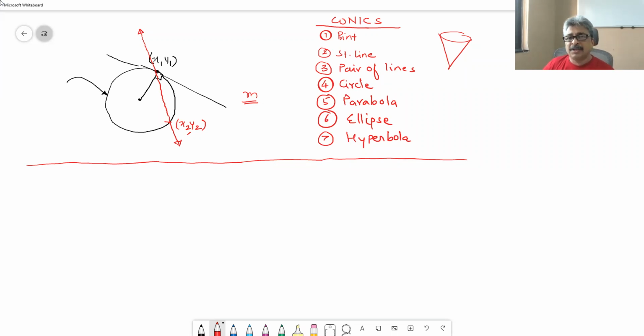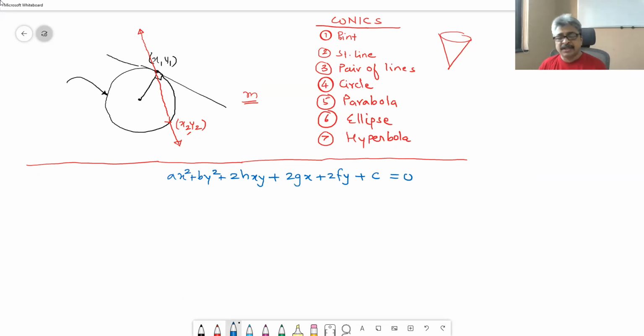So what is the general algebra? This conic is a geometry, this diagram is a geometry. What is the corresponding algebra of this conic? It is going to look like ax square plus by square plus 2hxy plus 2gx plus 2fy plus c is equal to 0.